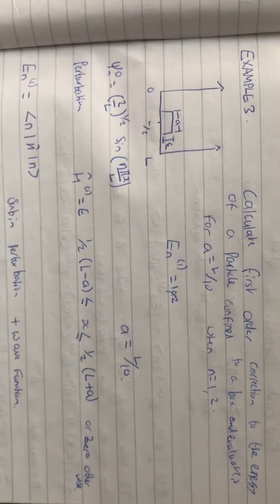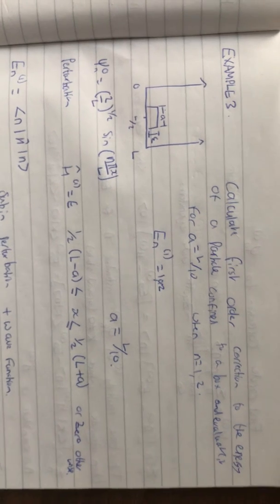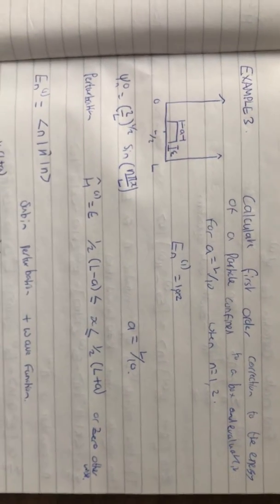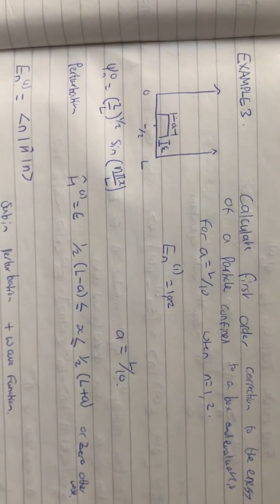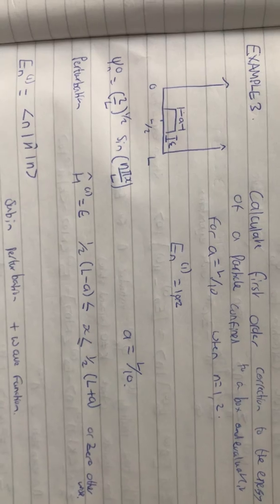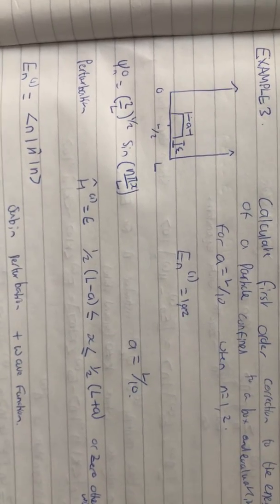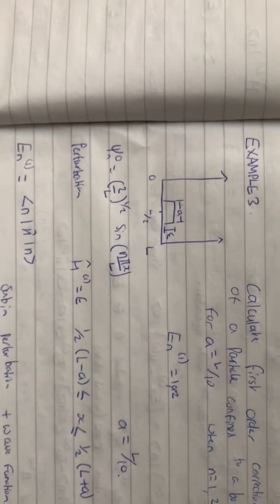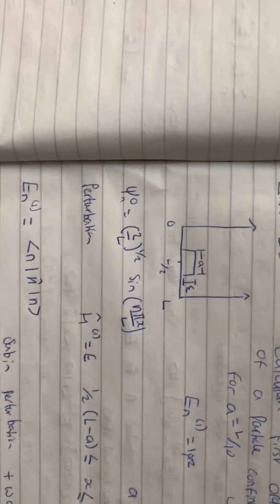Example 3. Calculate the first order correction to the energy of a particle confined in a box and evaluate it for A equals L over 10 when n equals 1 or 2. So that means E_n where n is equal to 1 or 2, and this is the problem we've got here.